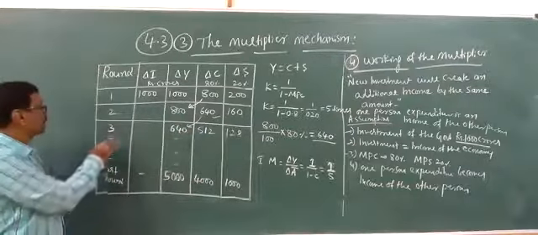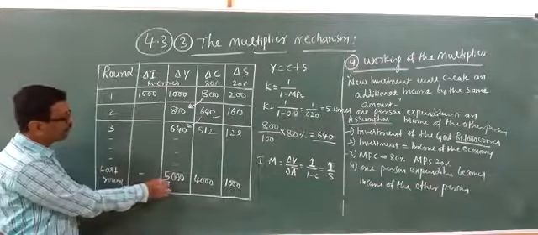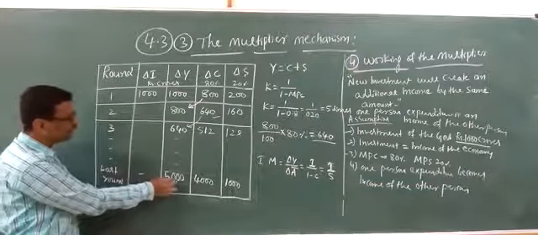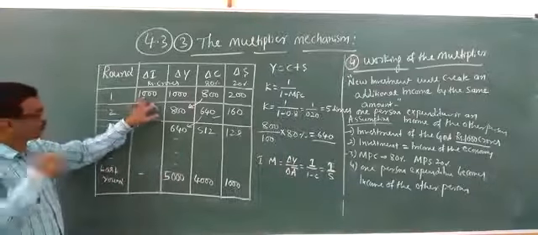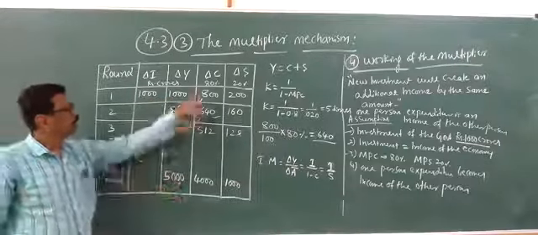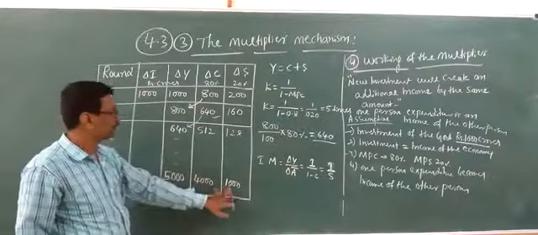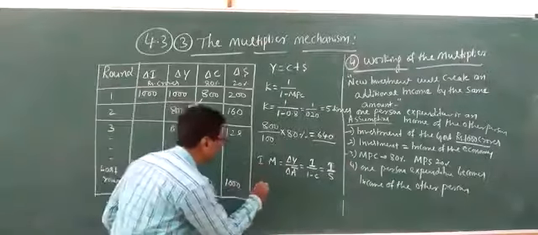So we continue up to the fourth, fifth, and last round. Then the total change in income is 5000 crores. The 1000 investment becomes a 5000 crores change in income. Then delta C is 4000, delta S is 1000.